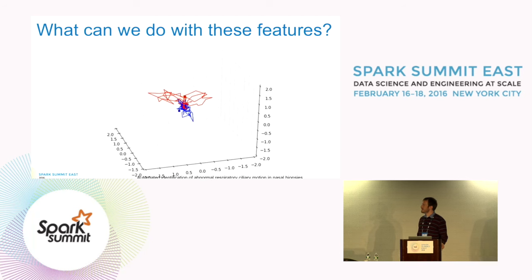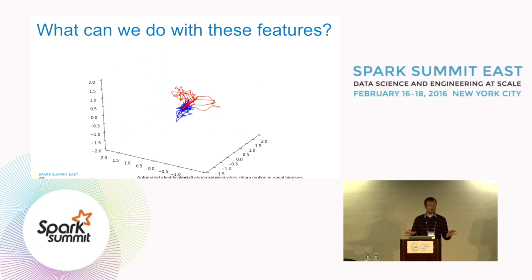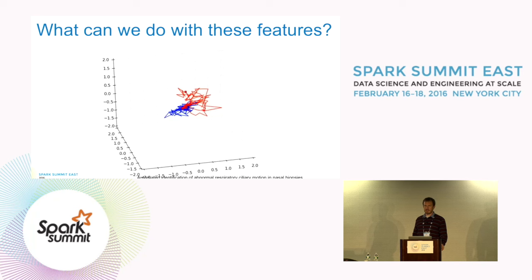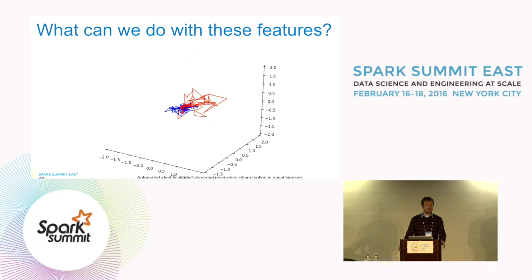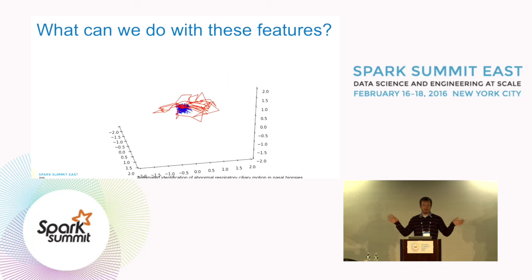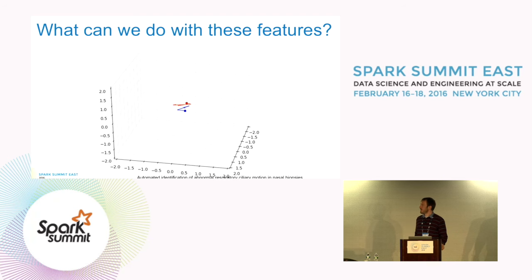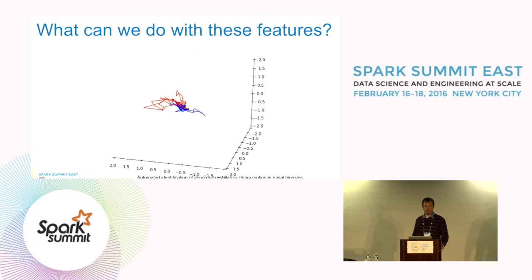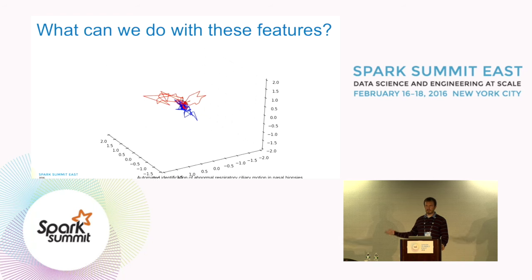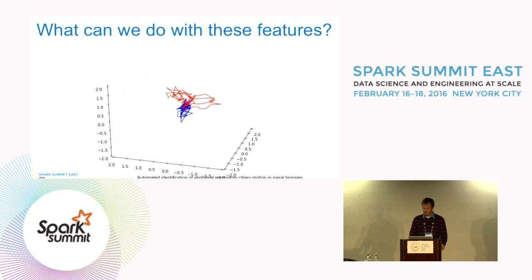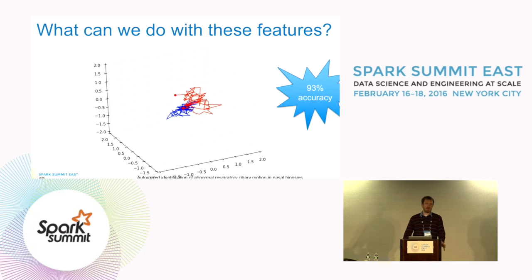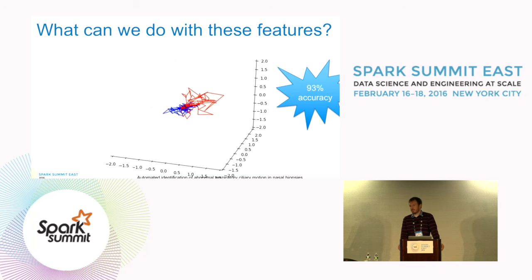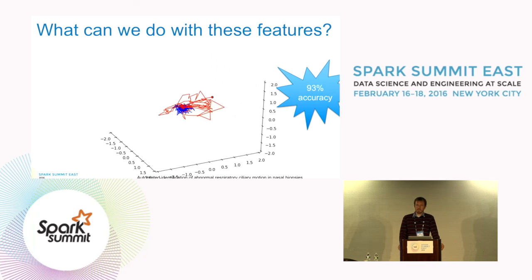It has about 1 or 2 dimensions of freedom in the state space. It doesn't go into any of the other dimensions. The normal motion in red goes all over the place. We needed a lot of dimensions to model its motion accurately. And so with that, we could build a binary classifier that got 93% accuracy, which isn't bad.